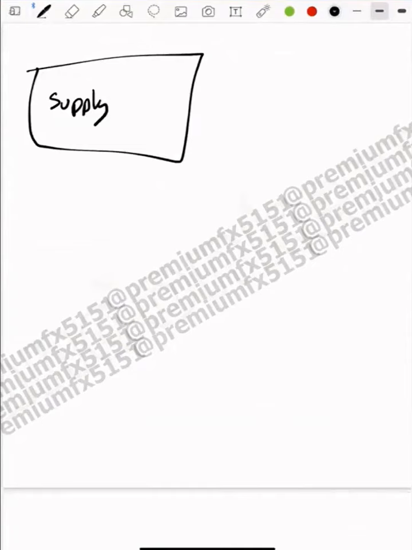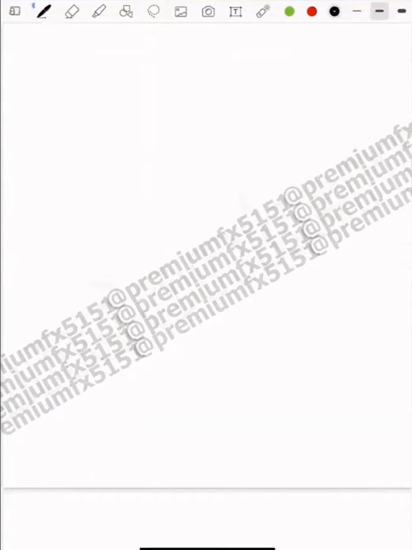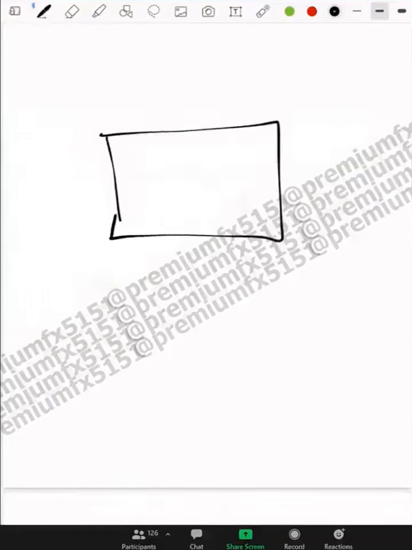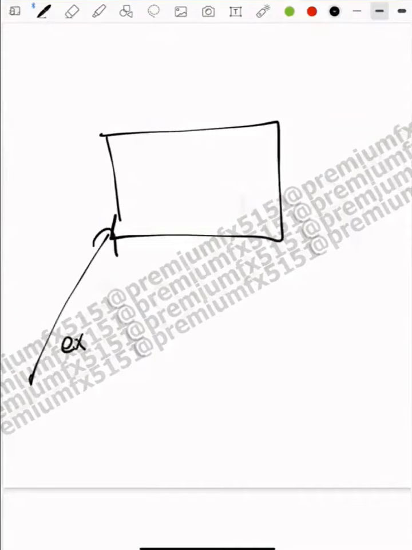But I want to teach you guys reaccumulation and redistribution. Now, for those that don't know, there are only two phases in the market. You have expansion. This is also expansion.